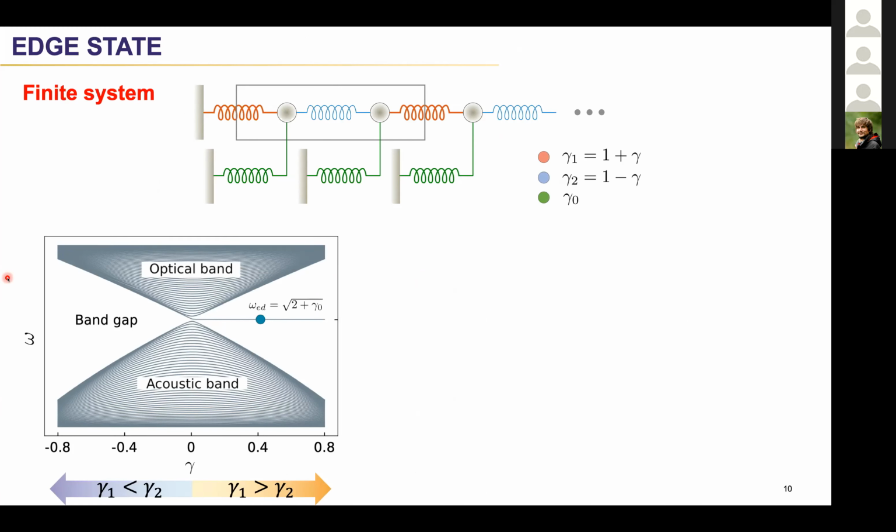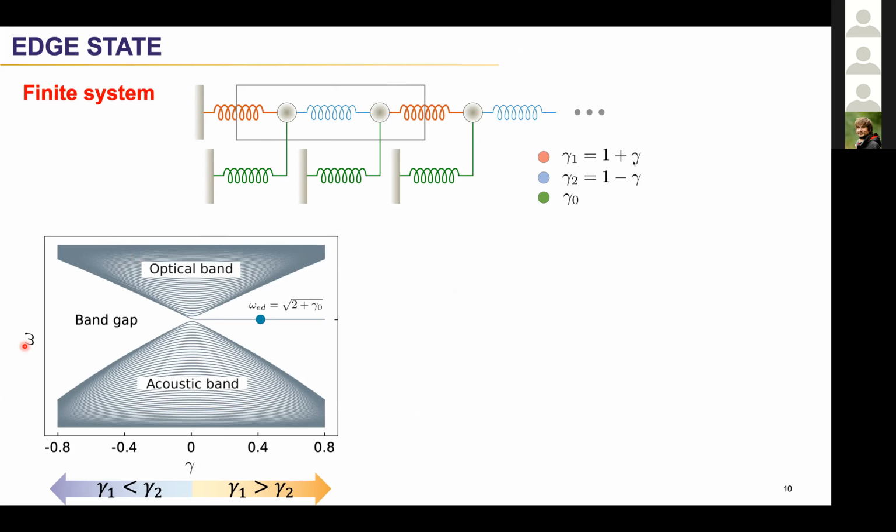After we characterize the system at the unit cell level, we look at the more realistic system that has a boundary. So let us take this semi-infinite case to focus on the left boundary of the system. This boundary we fixed. We calculate the spectrum of the system here, omega versus gamma.